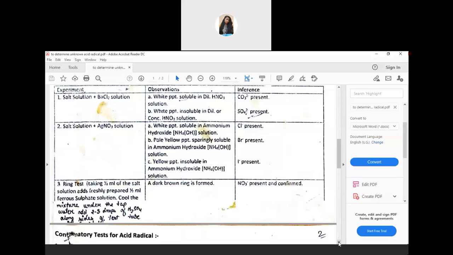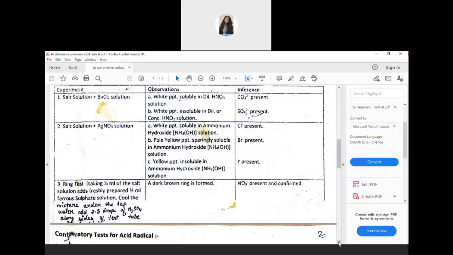That means you cannot add the H2SO4 directly into the test tube. You have to add it along the side of the test tube.